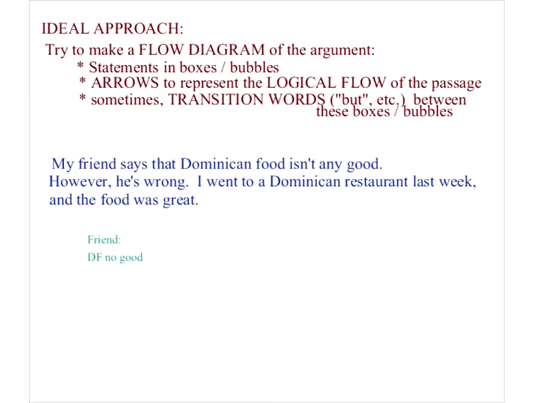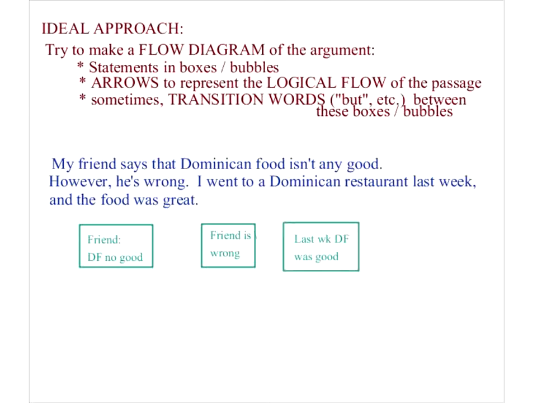So we'll make a box around that. And then the next statement is, friend is wrong. There's not supposed to be a slash there. Friend is wrong. And then the final statement is, last week, Dominican food was good.